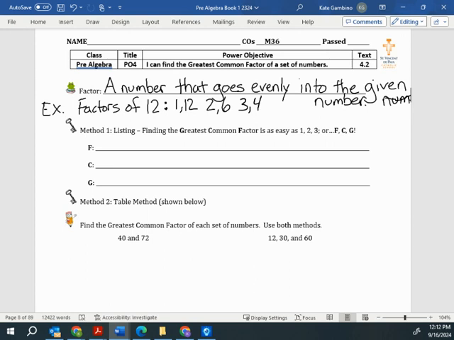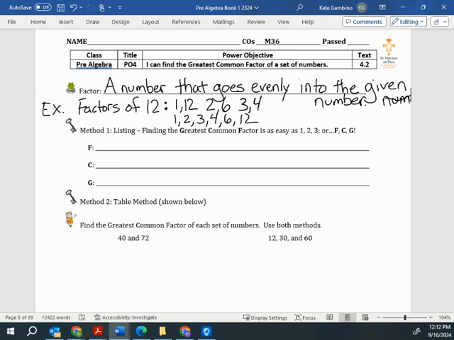When I write down my factor buddies and I look at those numbers that I'm multiplying together to get to 12, then I take them and I put them in order. Those are all the factors of 12 in order. But always look for those factor buddies to make sure you're not missing a factor.